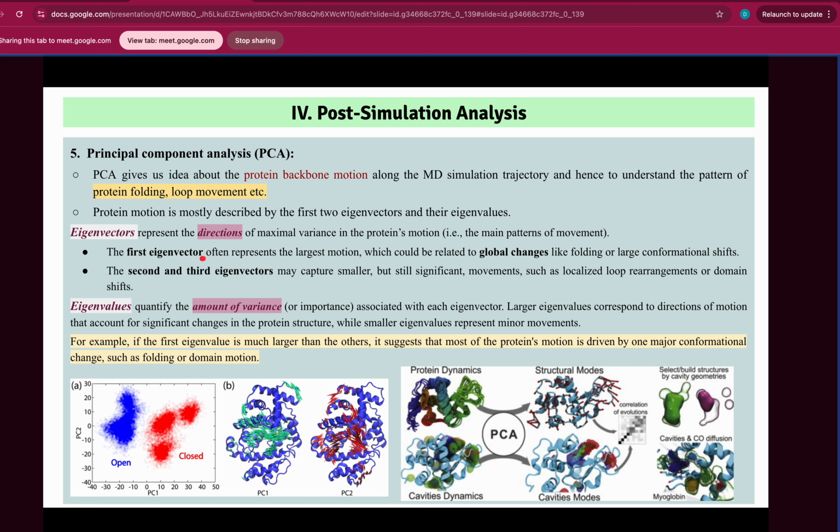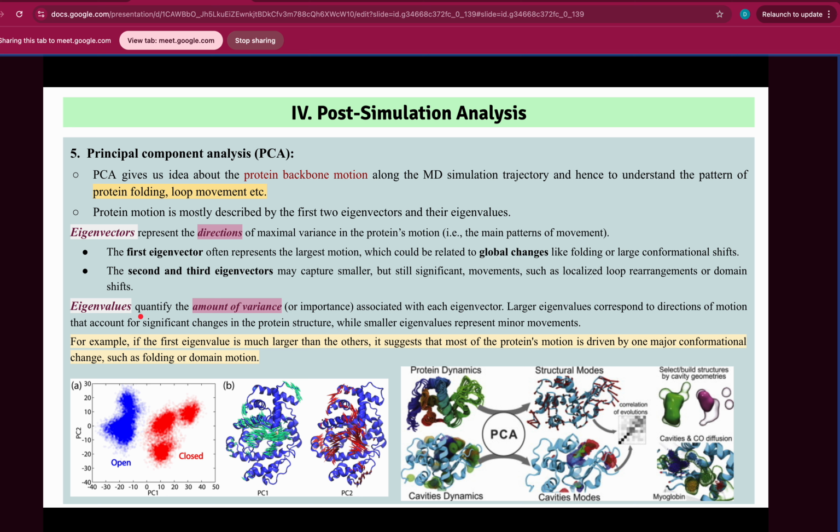The first eigenvector captures the bigger change, a global motion bringing about change in the entire protein, whereas changes at the residue or smaller peptide level come under the second and third eigenvectors, that is, local changes such as localized loop rearrangements or domain shifts.